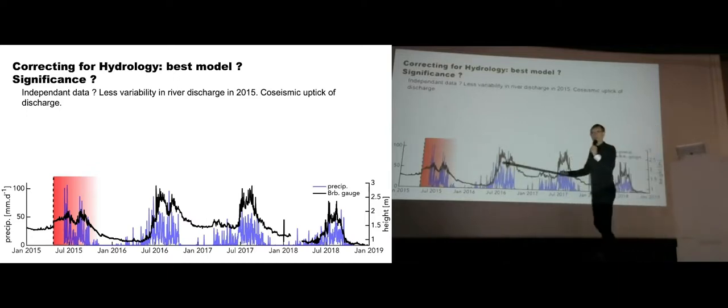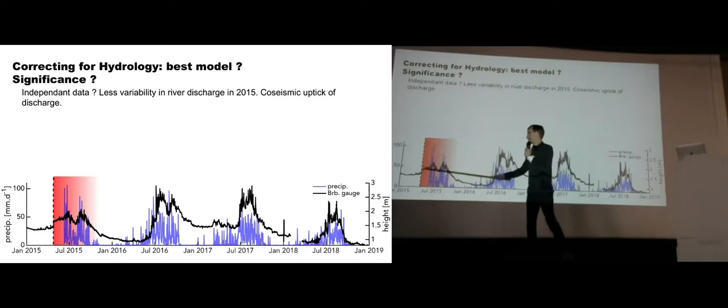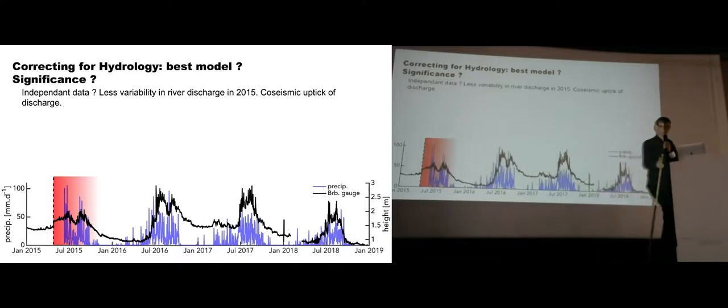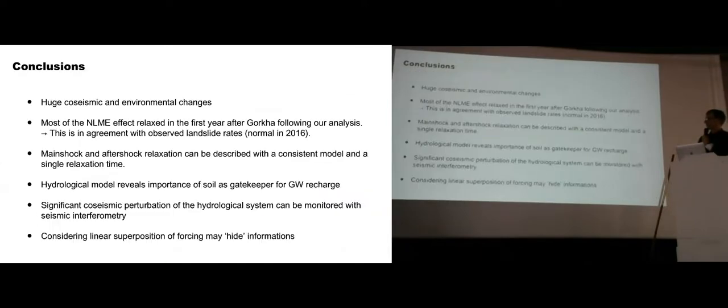So the system is equilibrating the precipitation much better because it drained a lot here, and the storage in the landscape decreased. Afterwards we have the post-monsoon decay of the stage height. So this is the change in the hydrological system that we infer from this.